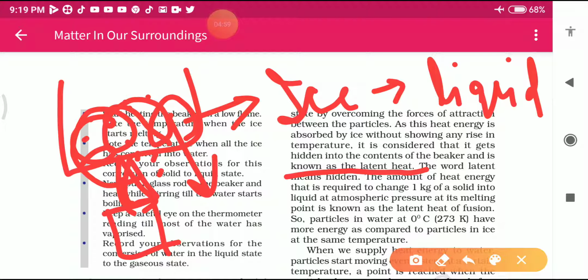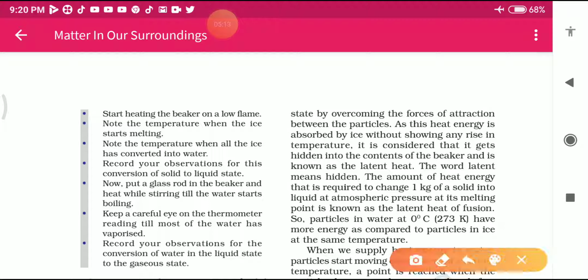So latent heat is the heat energy which is used to change the state of matter, and latent means hidden. If a question asks you to define latent heat, you will write this definition.